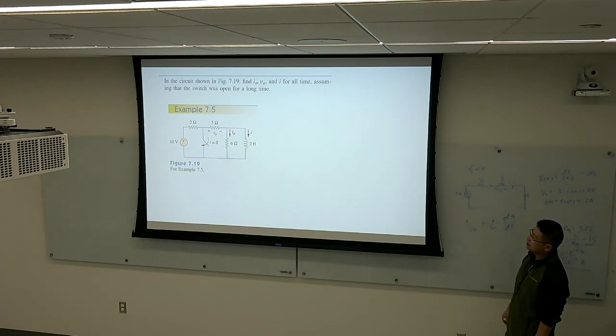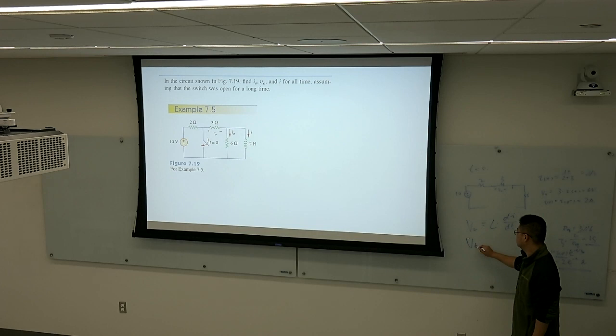Because the 6 ohm resistor is in parallel with the inductor, the voltage on the 6 ohm resistor is the same as the voltage on the inductor. So the current on the 6 ohm resistor equals vL divided by 6 ohm.